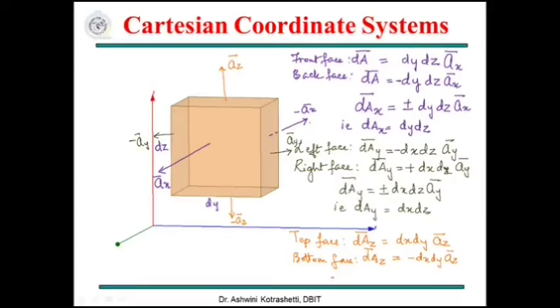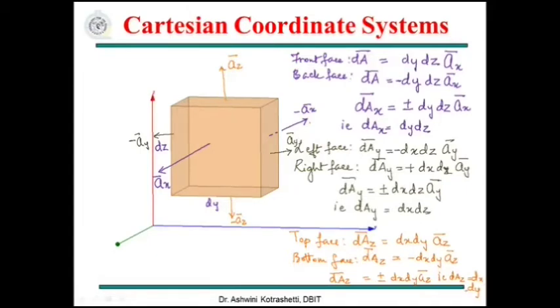So I can now write dAz bar is equal to plus or minus dx into dy az bar. That is, I have dAz to be equal to dx into dy.